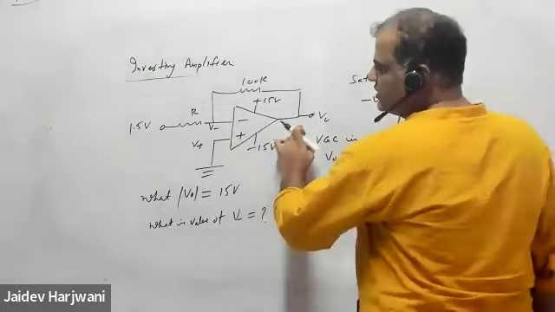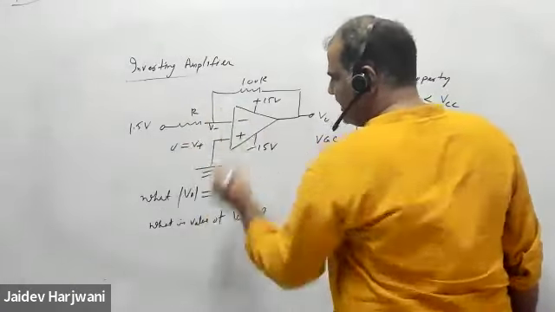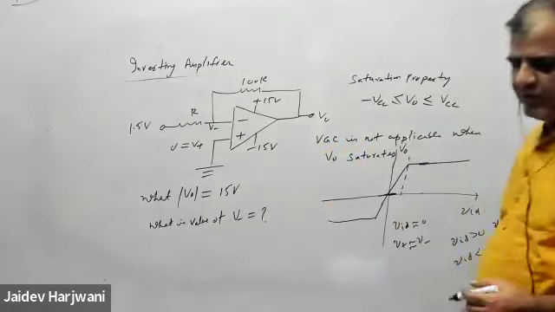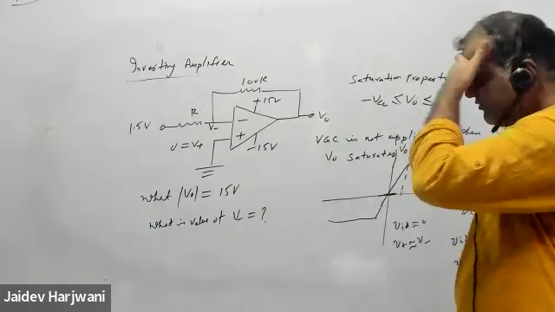So here, because it is saturation, V minus is not equal to V plus. V plus is 0, but V minus is not 0. Now we have to calculate the V minus value. Let us find the V minus value.